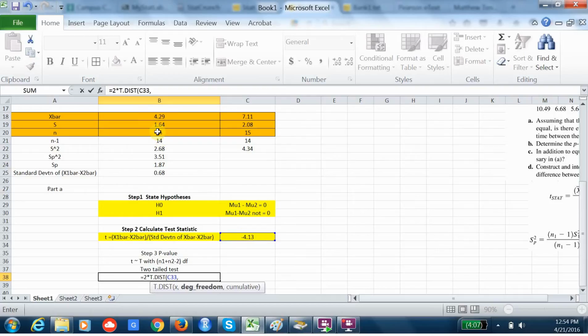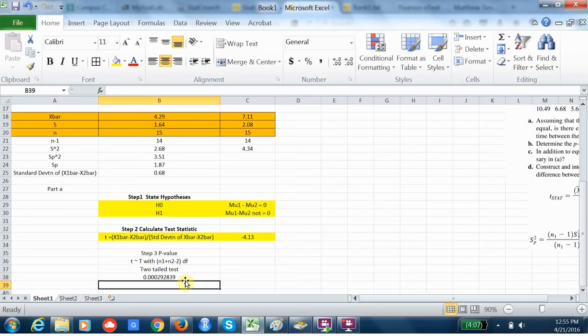I'm going to do n1 plus n2 minus 2, and it's going to be true. Notice I didn't have to do 1 minus because the test statistic was negative, so the percentile is going to give me the right value there. And just as we predicted, the p-value is very low. Let me move this over to the other cell here.